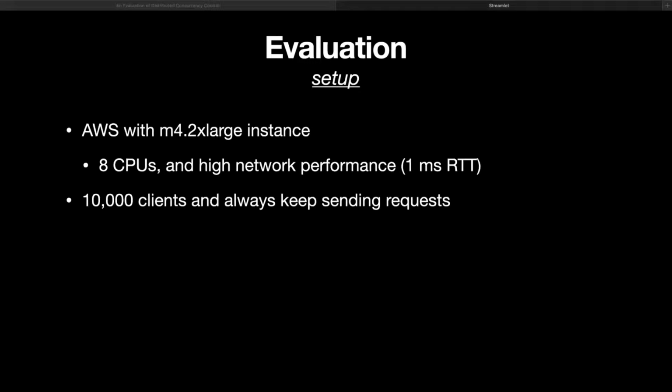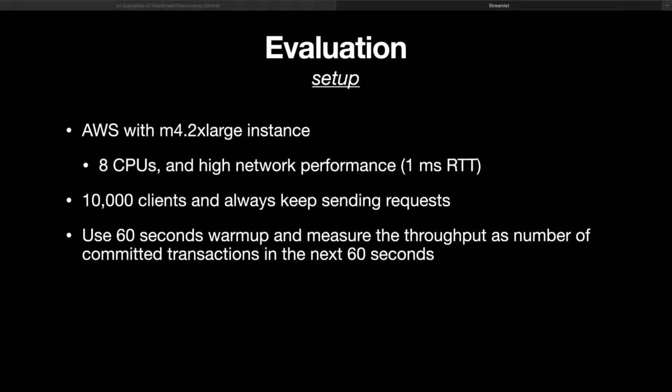They have 10,000 clients which always keep sending requests. For measurement, they do a 60-second warm-up in which the clients are sending requests, and in the next 60 seconds they measure the throughput of the committed transactions.